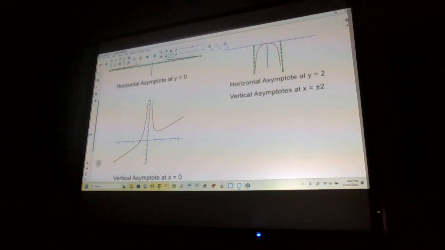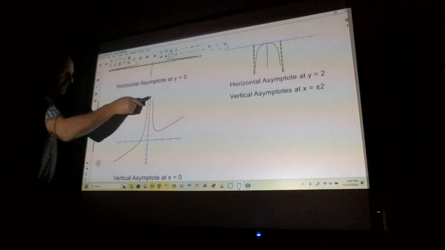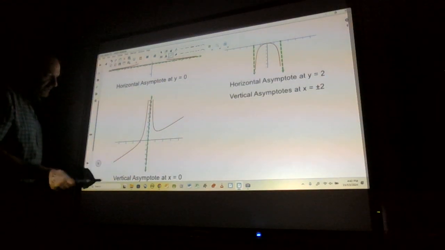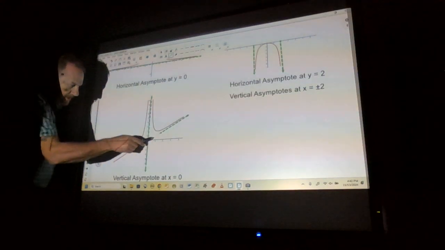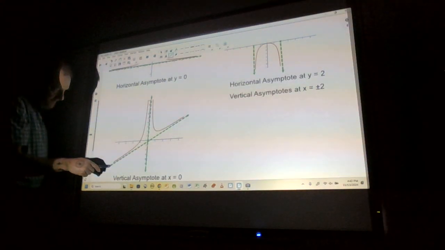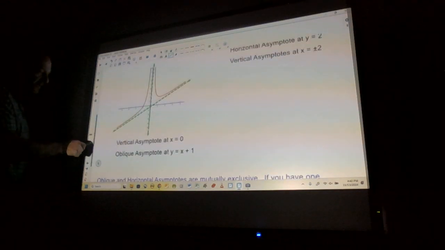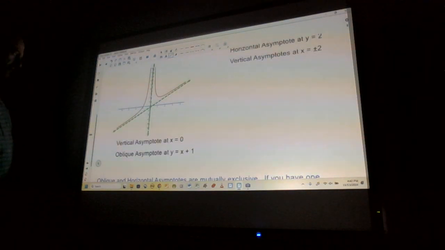And then if you look at this one, you can see it has a vertical asymptote right here at x equals 0. But then check this out. It's got this other thing right here. Okay, it's got an oblique one. And the equation for that is x plus 1.